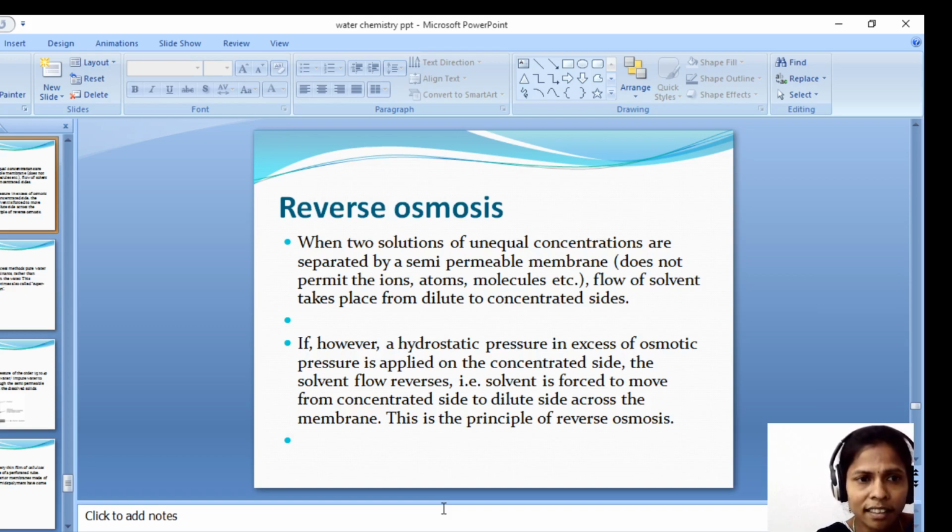Cation exchange resin exchanges all the cations, and anion exchange resin exchanges all the anions. By exchanging cations and anions, the resins release free H+ and OH- ions. These H+ and OH- ions combine to produce deionized water or demineralized water.